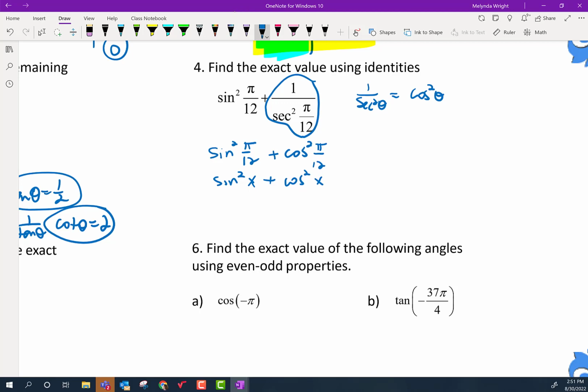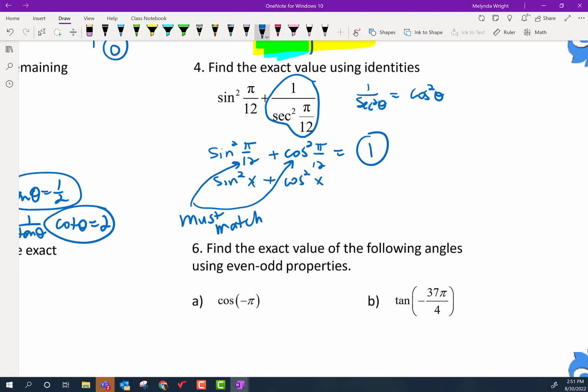See how they both have an angle measure of pi over 12? So this is totally equal to 1. My final answer would be 1 because these two must match to be able to achieve an answer of 1.